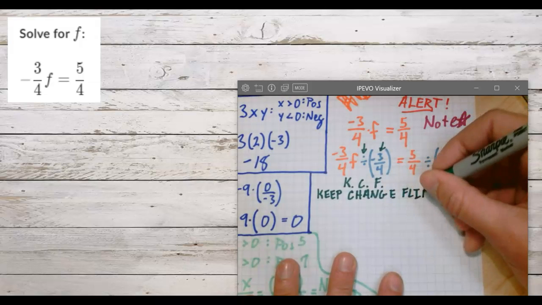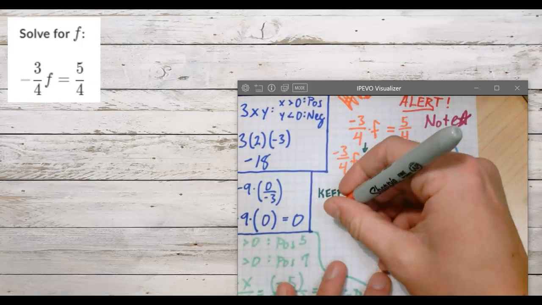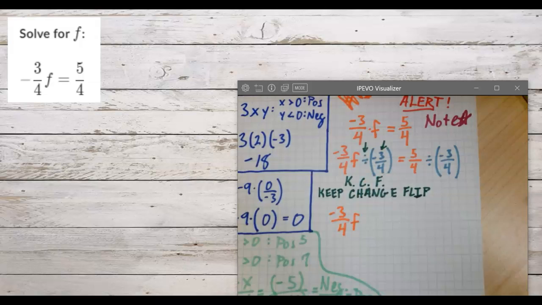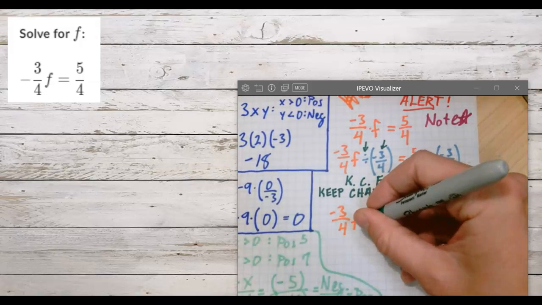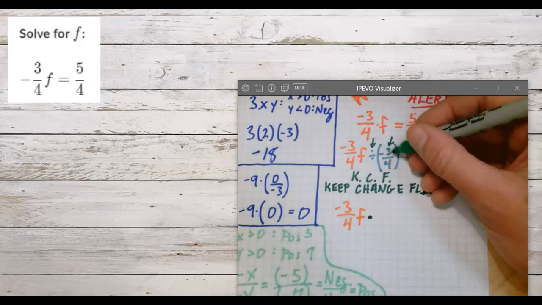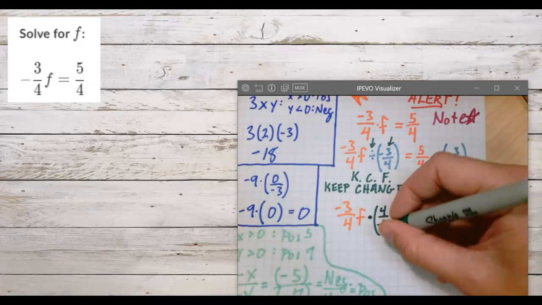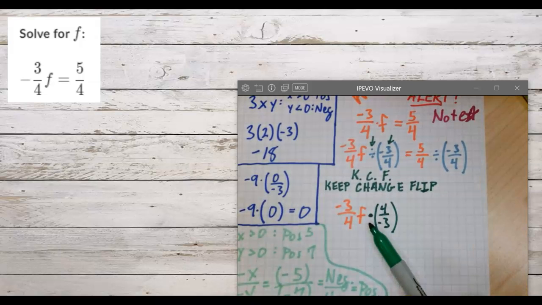What I mean by that is keep the first thing, change division into multiplication, and then flip the fraction. So division changes into multiplication. The fraction flips over. So as long as we change division to multiplication, we can flip the fraction.